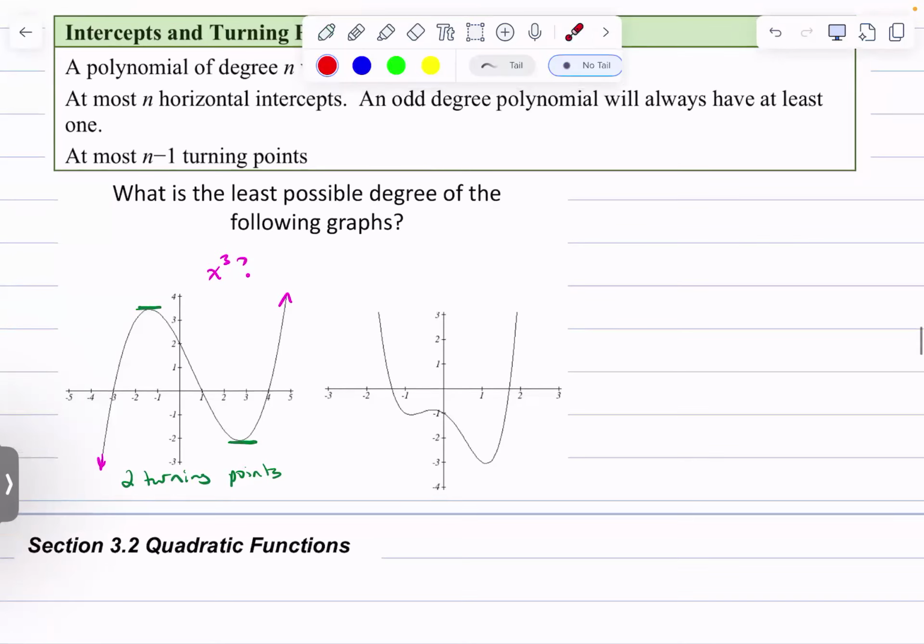I'd say that still checks out with n minus 1. If n is 3, then I'm allowed to have at most 2 turning points. So I'm still feeling pretty good about this.